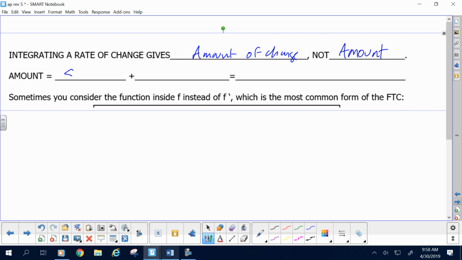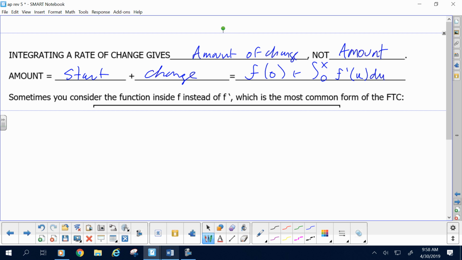So start plus change, depending on what you're talking about, it might be f at 0 plus the integral from 0 to some x of the rate of change. I'll use a u in there to hold the place or dummy variable until the x comes to 3, right? Start plus change, right? Integrating gives amount of change. Initial plus integral gives you amount itself.